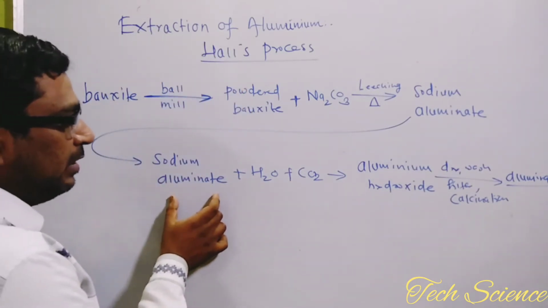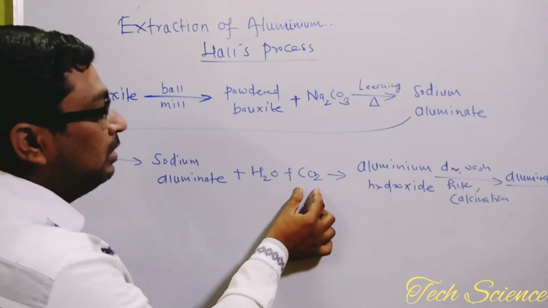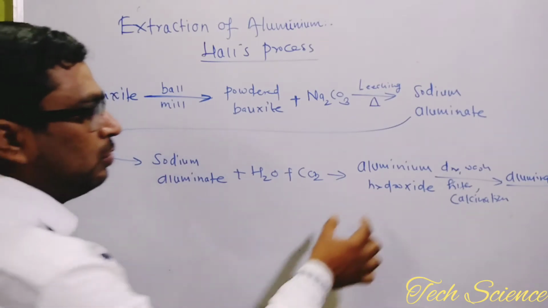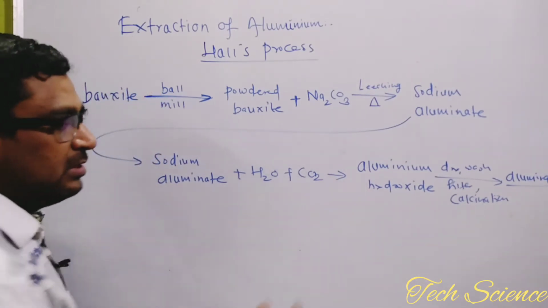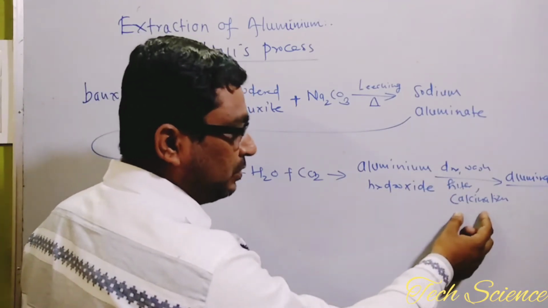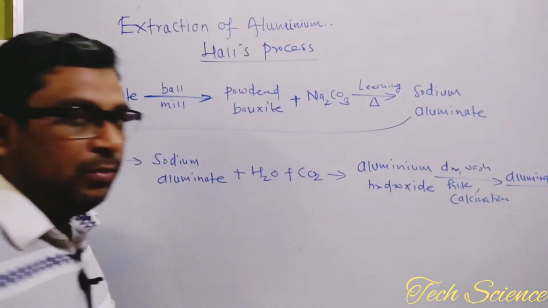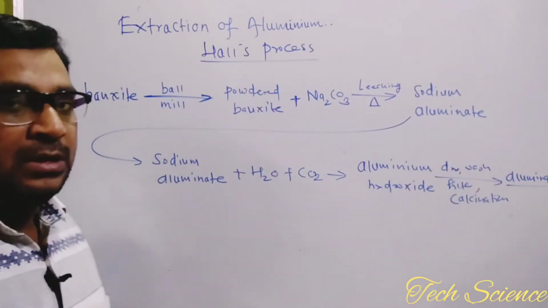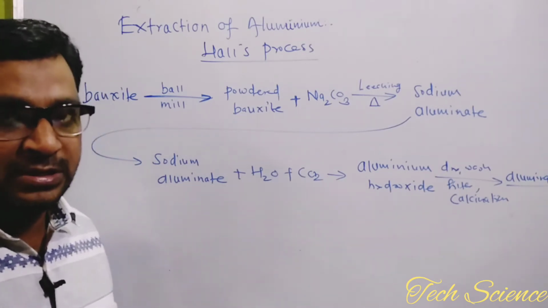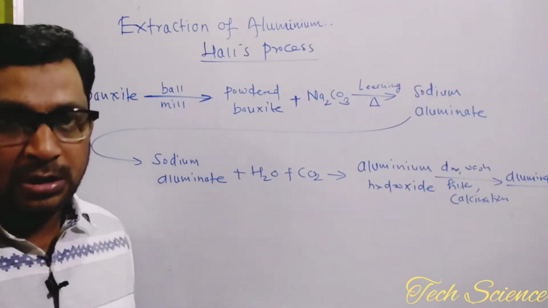Further, take the sodium aluminate along with water, warm it, and pass carbon dioxide gas in it. You got aluminium hydroxide as output. This aluminium hydroxide you wash, filter, dry, and apply the calcination process, means heating up to 1000 degrees Celsius, and you finally got the alumina. These are the steps in the first process, called concentration of bauxite ore using Hall's process.